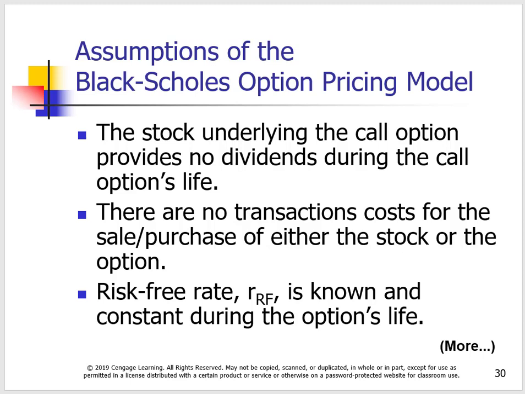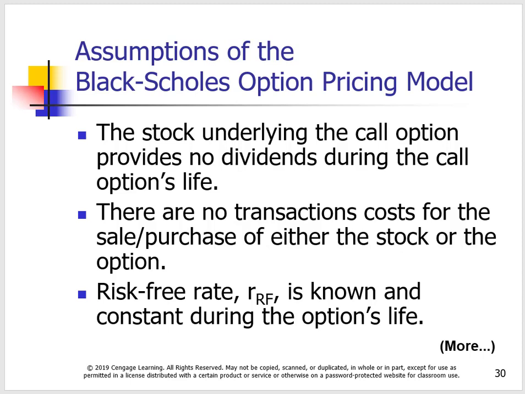But the Black-Scholes model looks at options and the stock price as revolving around a normal distribution where the mean is the exercise price.